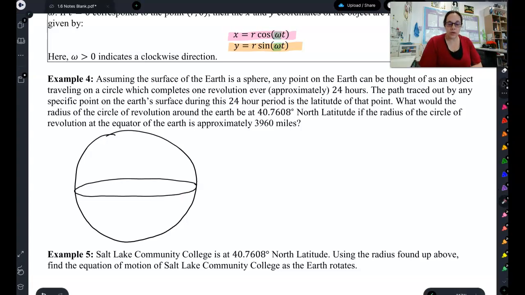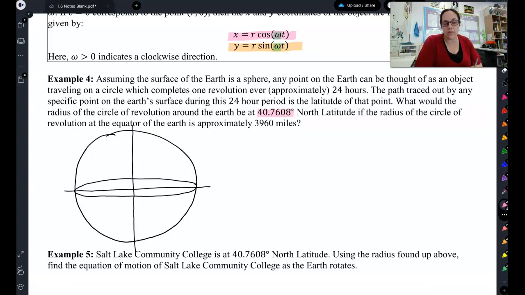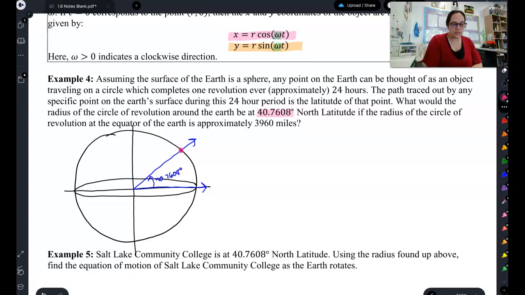So what we're going to do is talk about a specific point on this Earth, and that point is 40.7608 degrees north latitude. Now, what north latitude means is if I have my initial ray and I move north on that initial ray by 40.7608 degrees, this point on the surface of the Earth is my 40.7608 degrees north latitude.